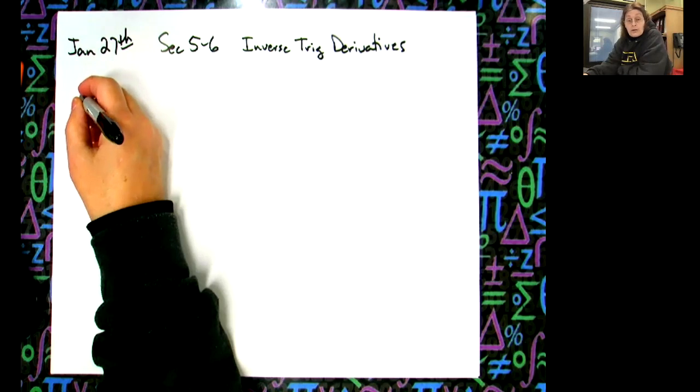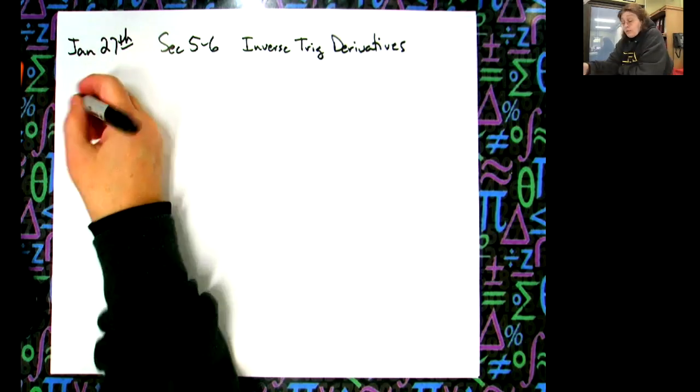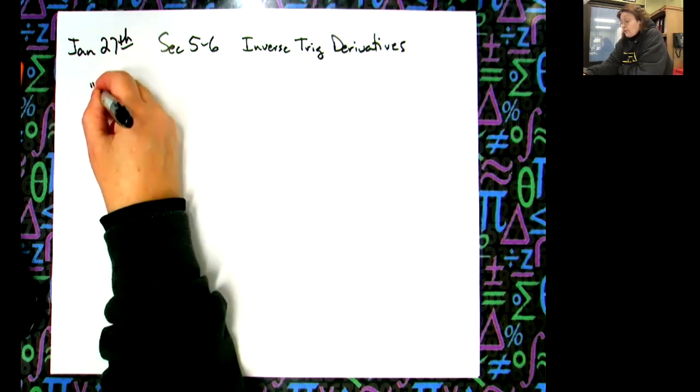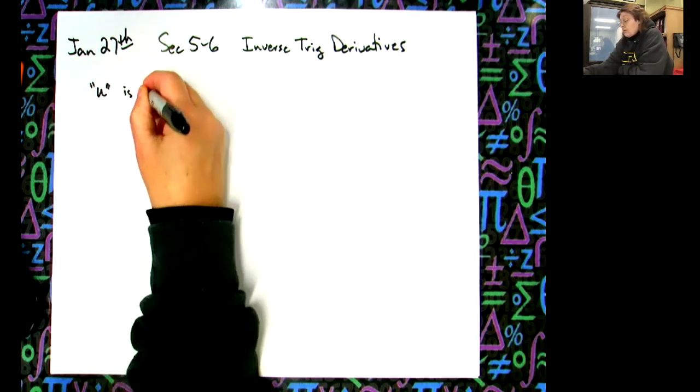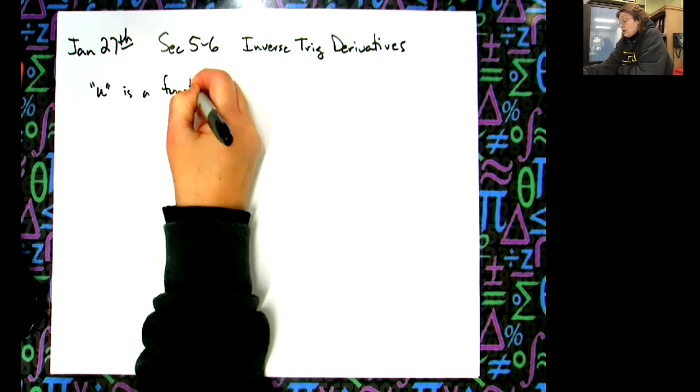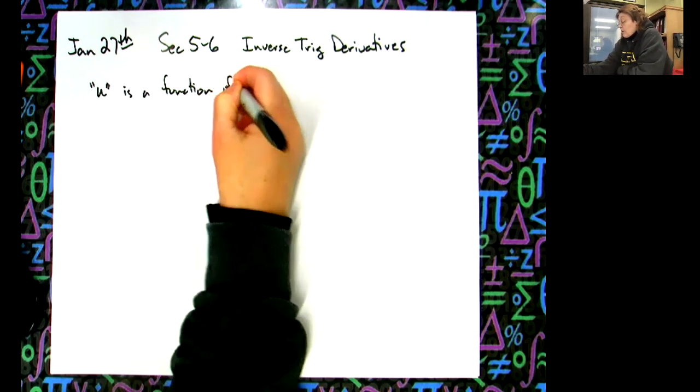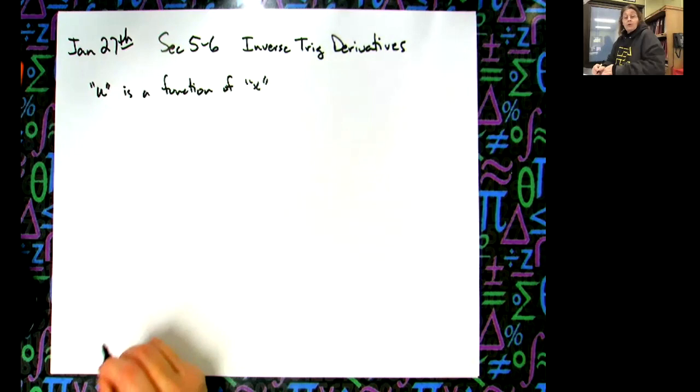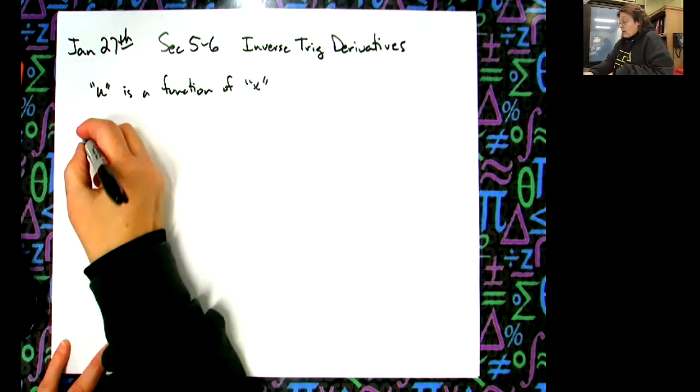All right, I am going to take the time to write them all down. I'm going to put these in terms of u. So again, in these formulas, u is a function of x. We always want to remember that when I write our u formulas, they are a function of x.